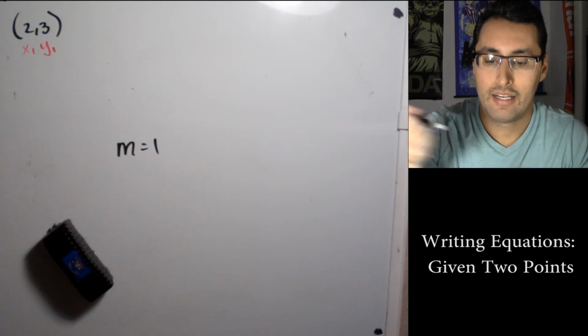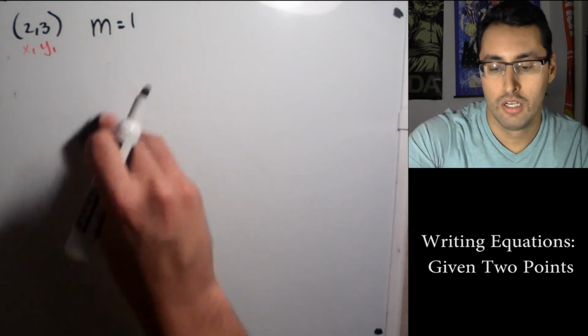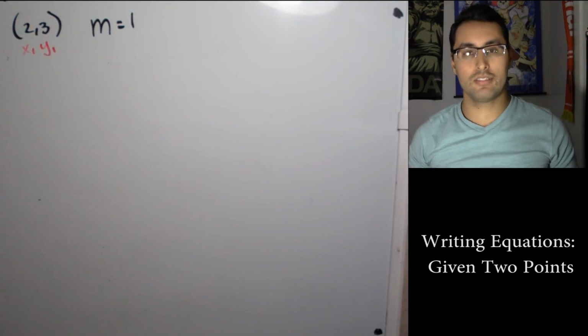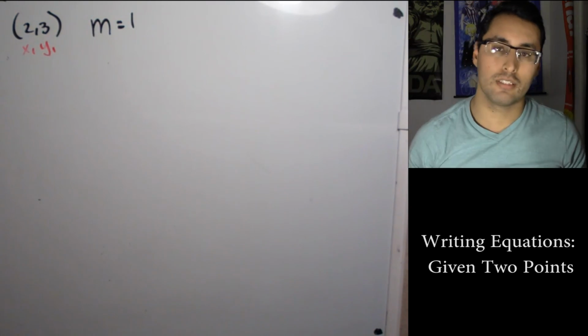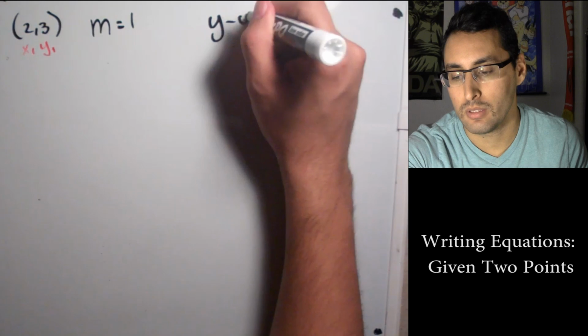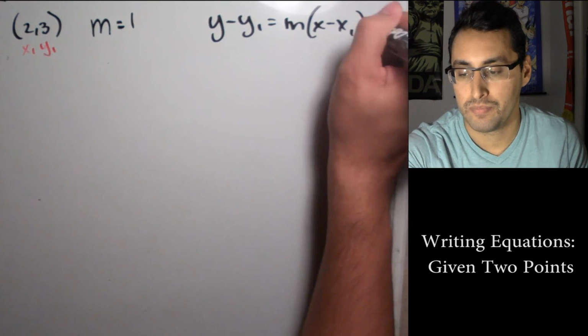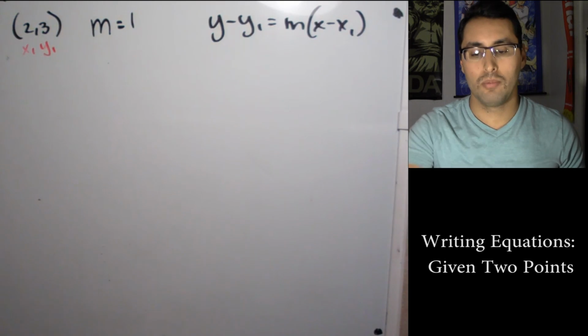So I'm going to put m equal to +1, because these are the important parts that I now input into the formula. So I'm going to use y minus y1 equal to m times x minus x1. I'm going to put that right in here.